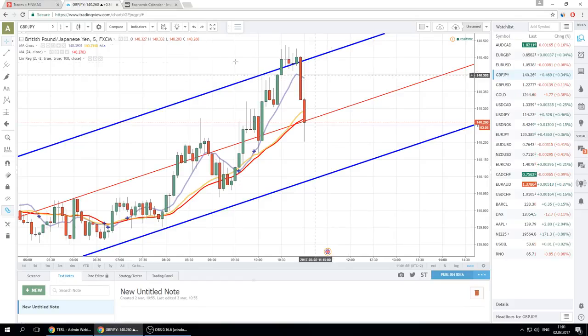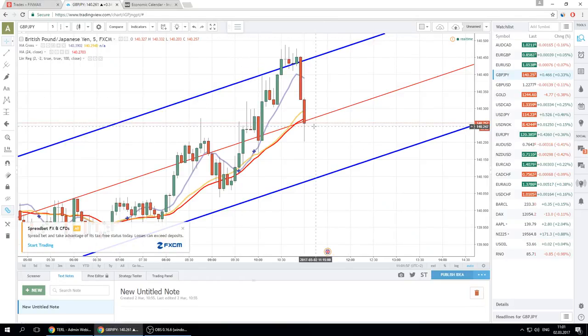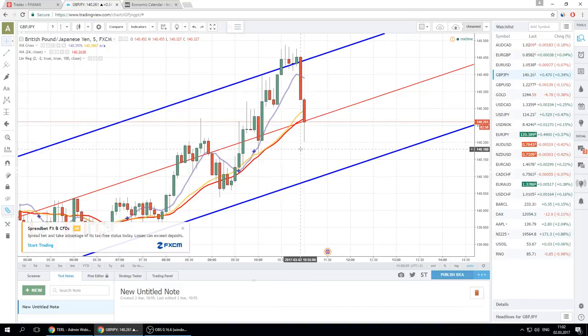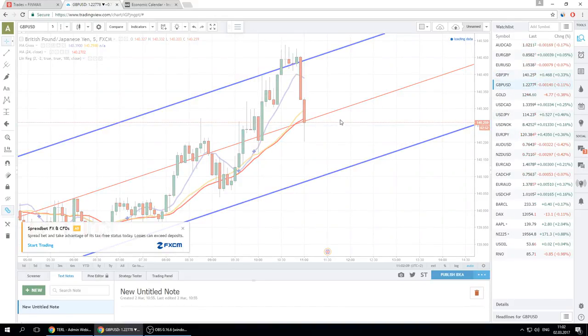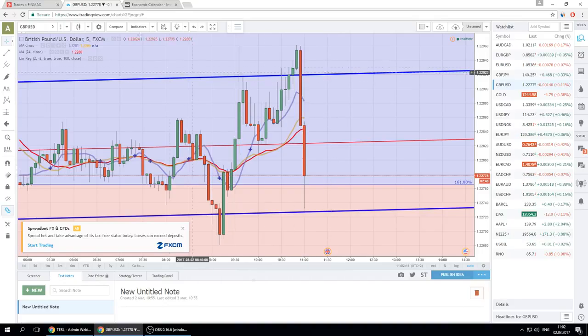Let's switch to it to see. You see right now it's falling due to the approaching of this event. So we can notice pretty good volatility within these assets. I didn't open any trades before the trading session, and didn't make any analysis.